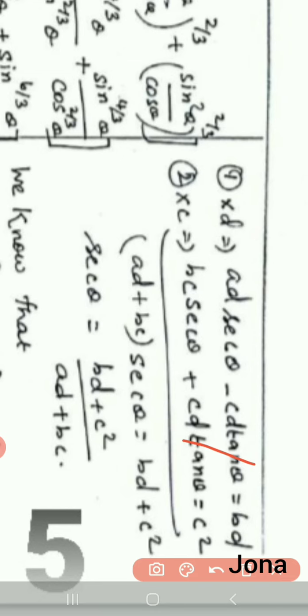The remaining thing is here secant theta is common, so take secant theta as common. Here ad plus bc is taken in the bracket, and then here bd plus c square is there. So from this I want to find secant theta equal to bd plus c square by ad plus bc.